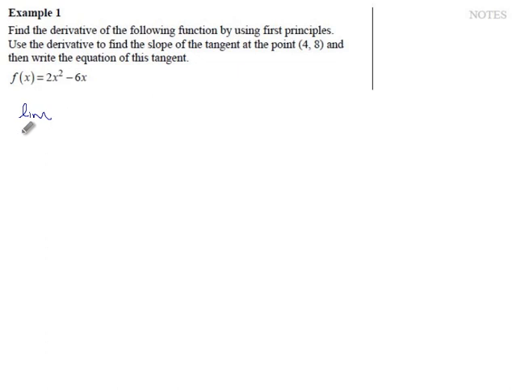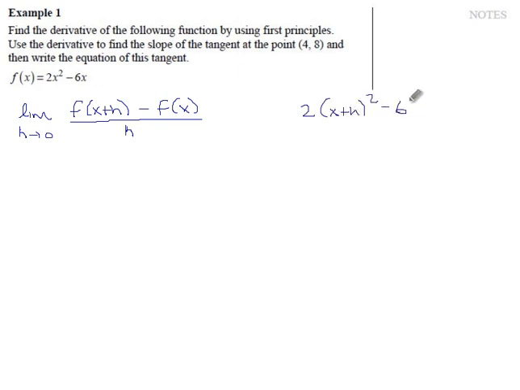The derivative is the limit as h goes to 0 of f of x plus h minus f of x, all over h. f of x is given to us. f of x plus h we get to crunch out, which I will do now. It's 2x squared minus 6x, which is 2.